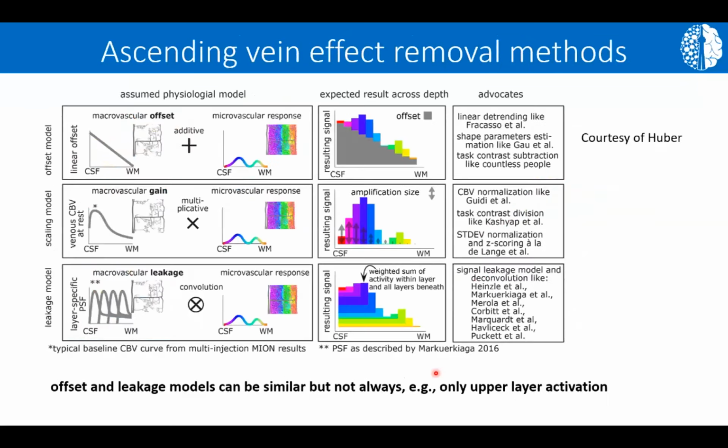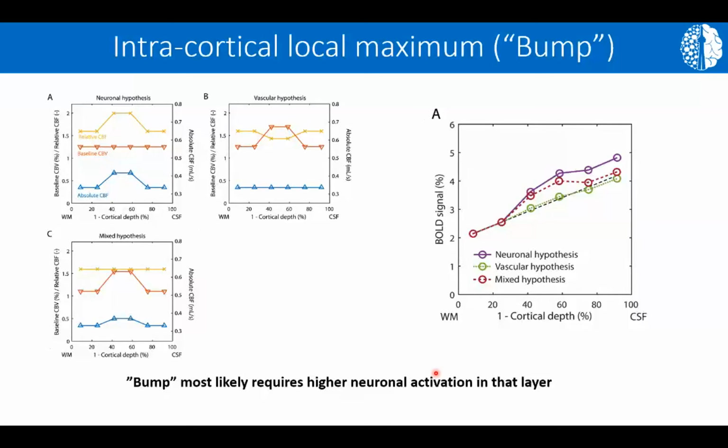Okay, then I switch now a little bit the topic. This model, we can now investigate to look for explanations for common observations. One of the observations you have heard on day 1, I think it was Josine or David Norris who talked about it, the so-called bump.